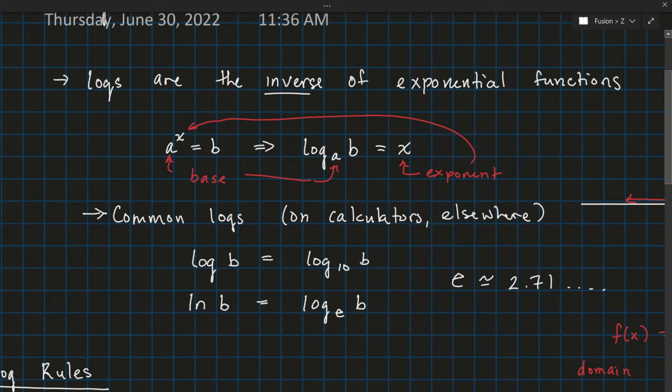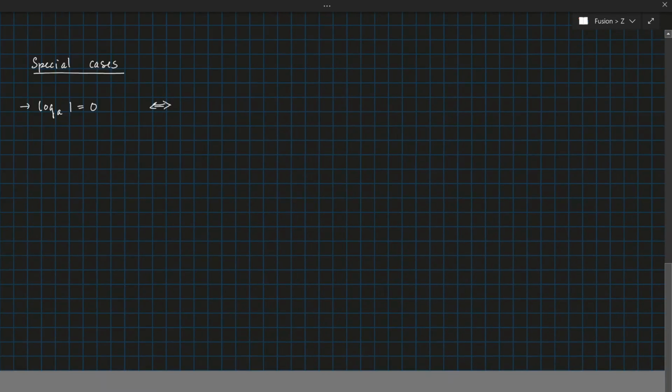Right here, if we have log base a of b equals x, then that becomes base a. Remember the bases are the same. And then the other side of the equation becomes the exponent.